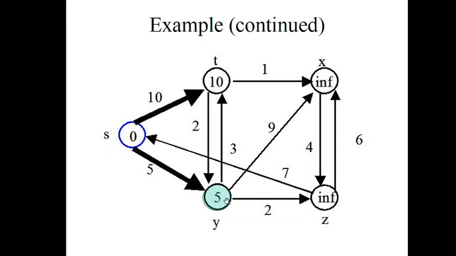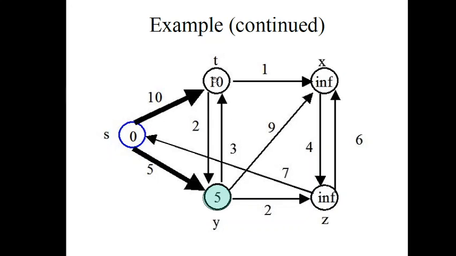Also you can see the current distance of T is 10. Now the distance from Y to T: the distance of Y plus the path from Y to T, that is 5 plus 3, 8. 8 is less than 10.